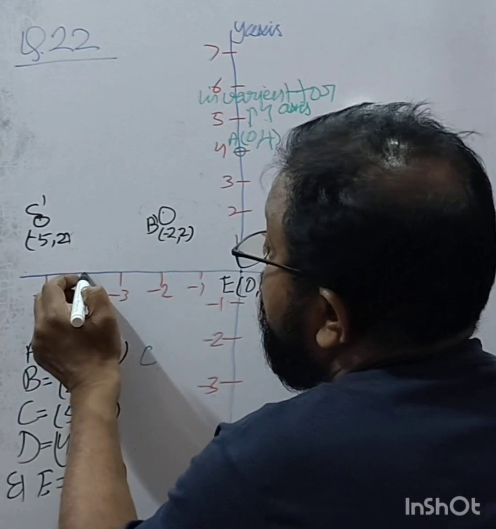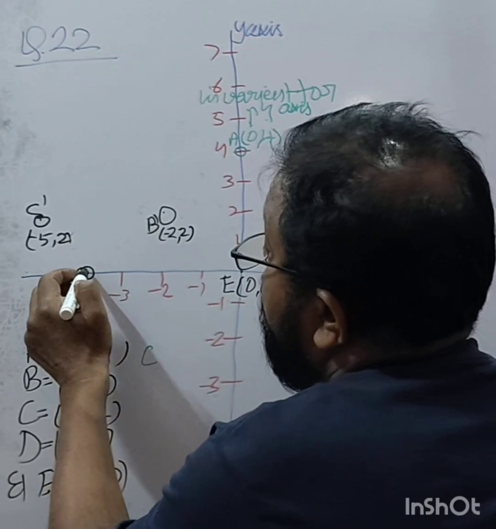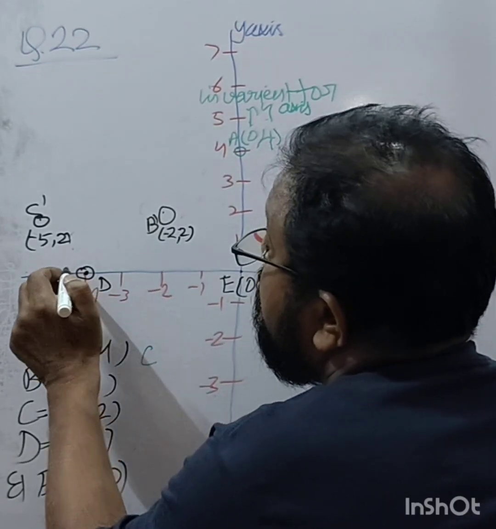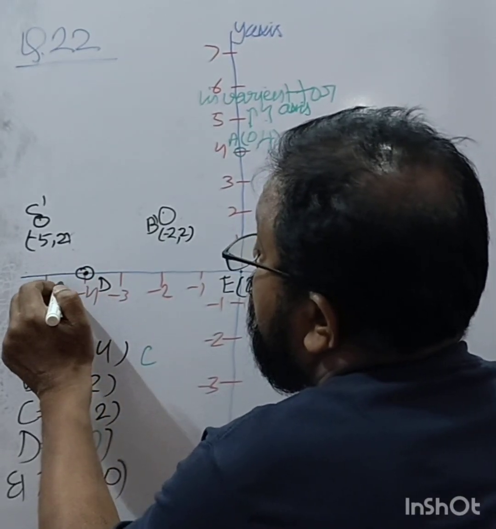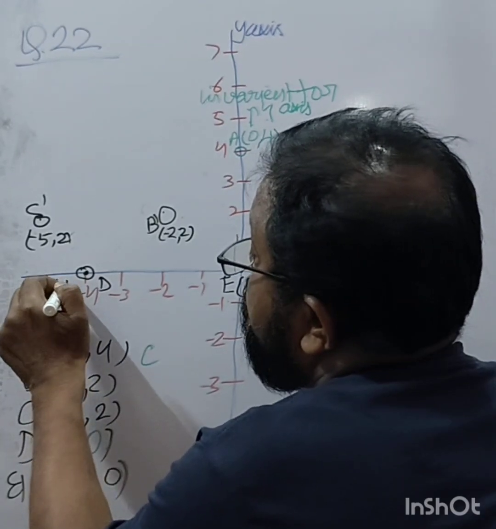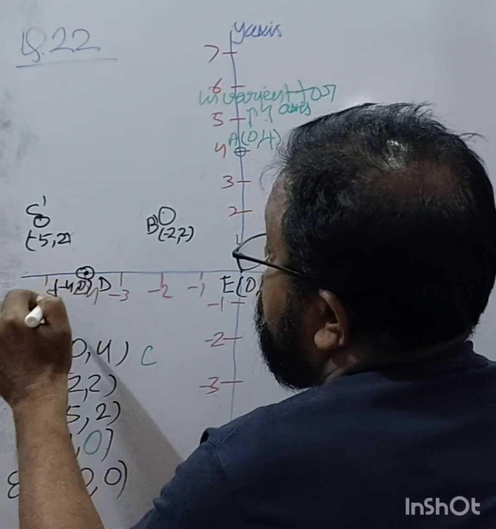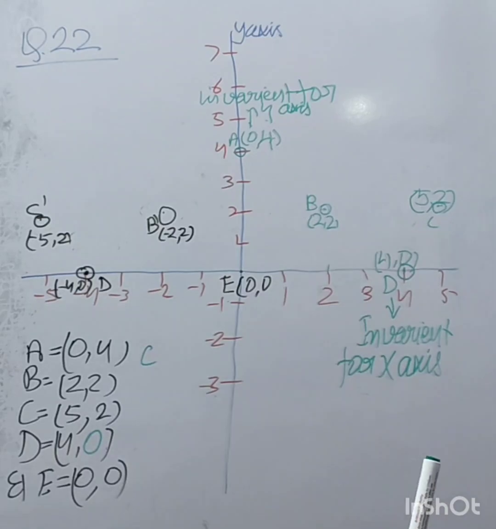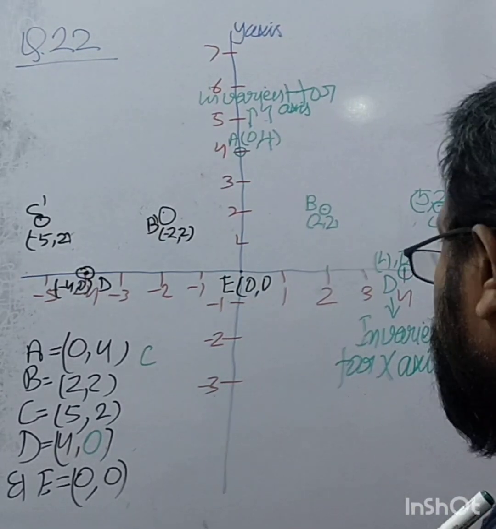It will be here, and D dash becomes minus 4 comma 0.